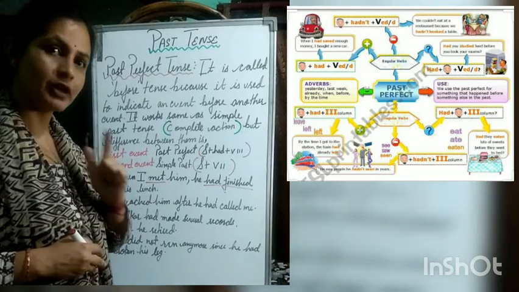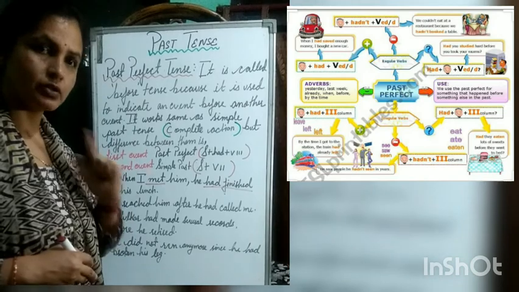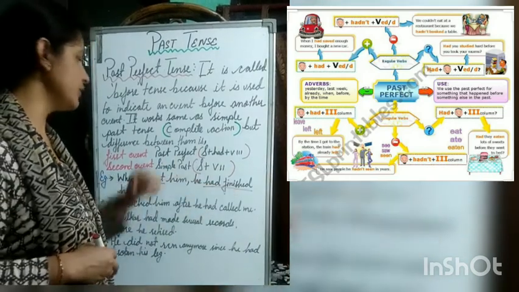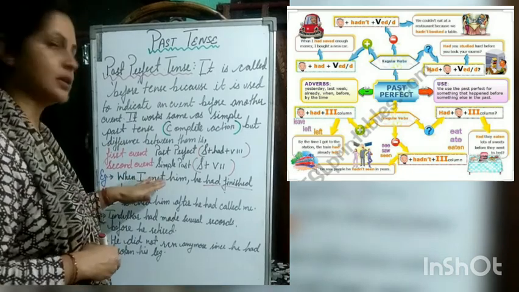First event means past perfect, so that is "he had finished his lunch", and the second event, "I met him".